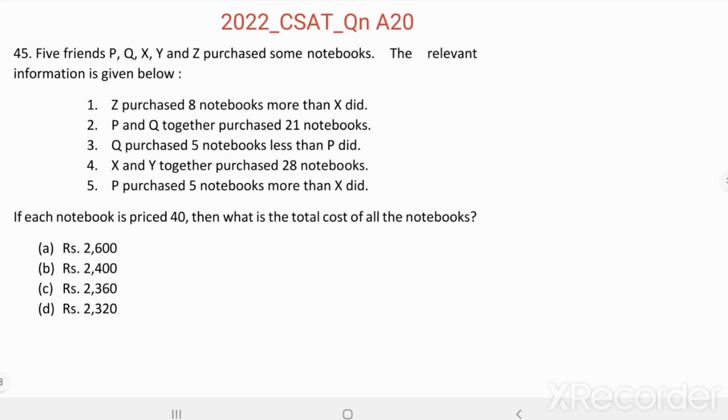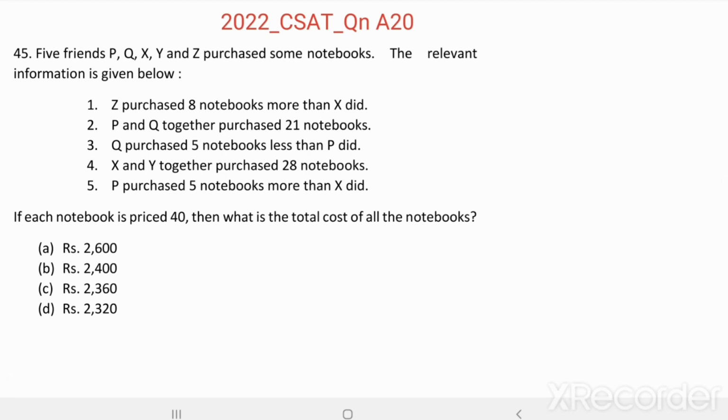Third one, Q purchased 5 notebooks less than P did. Fourth one, X and Y together purchased 28 notebooks. Fifth one, P purchased 5 notebooks more than X did. If each notebook is priced 40, then what is the total cost of all notebooks?